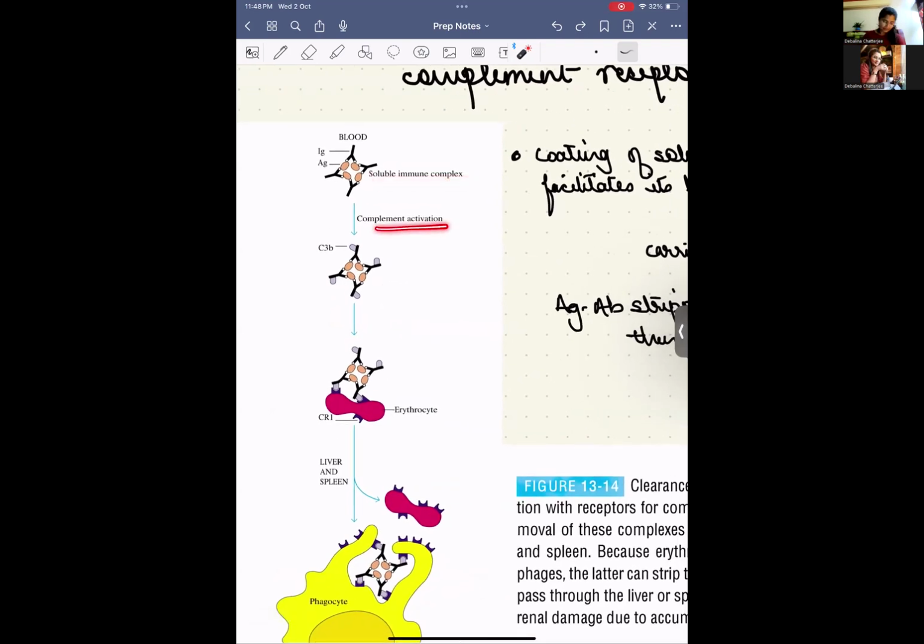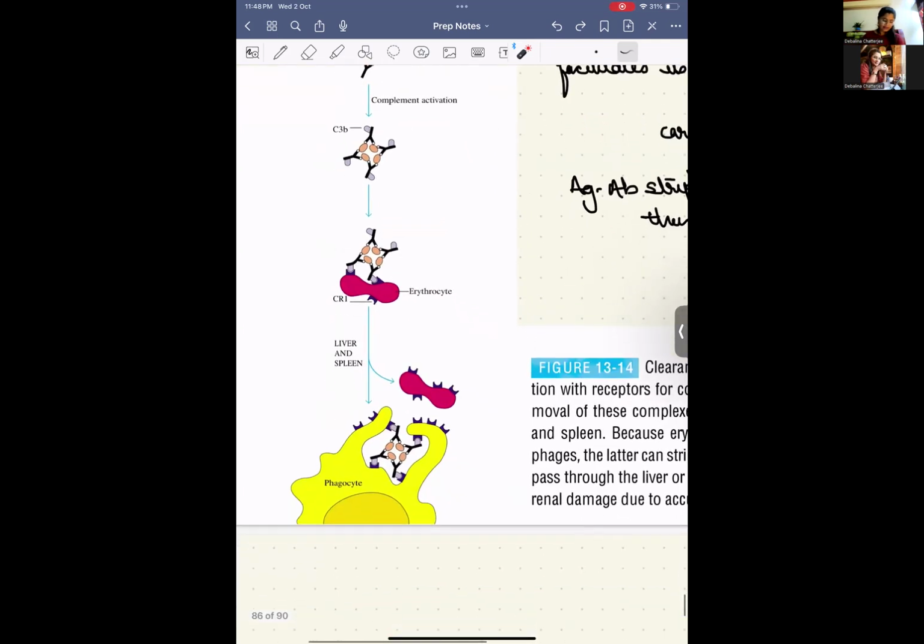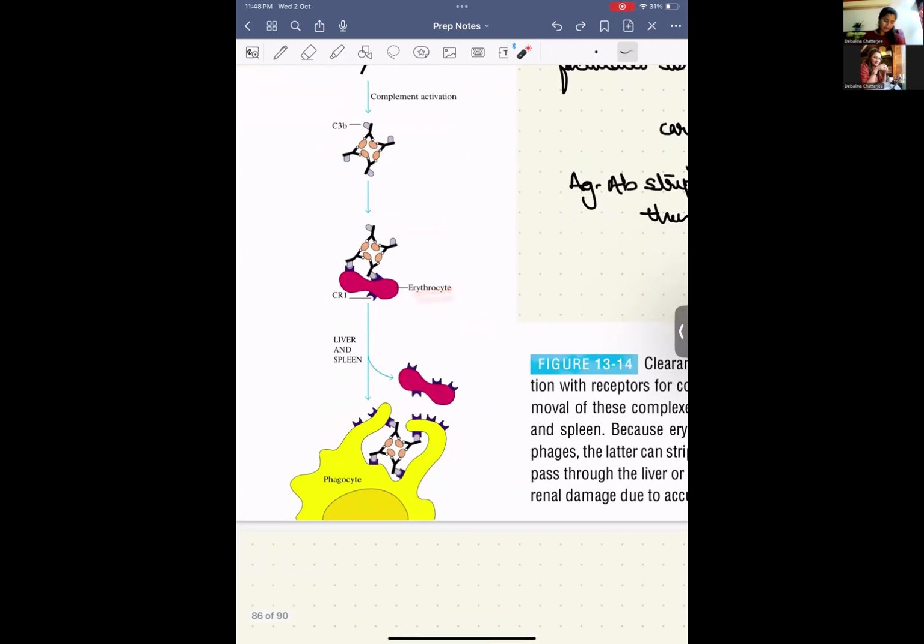There is a complement activation, and C3b comes and binds the Fc region of the antibody. This now has to bind to the complement receptor on erythrocytes, as we were discussing a couple of minutes ago, that the erythrocytes have the complement receptors.